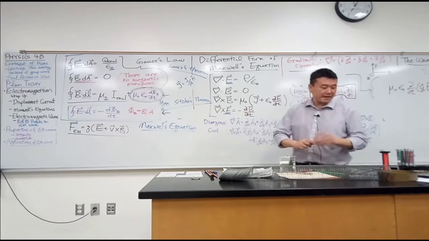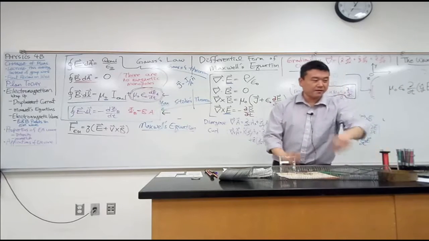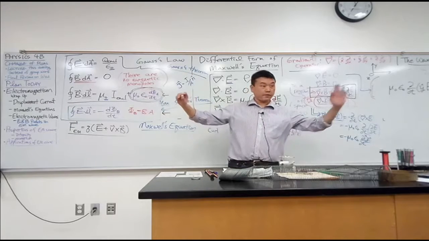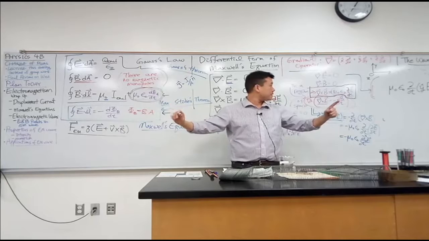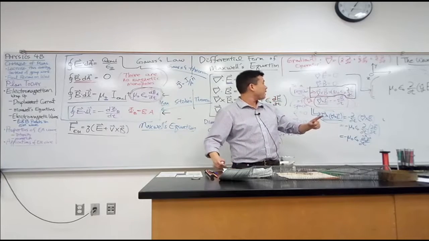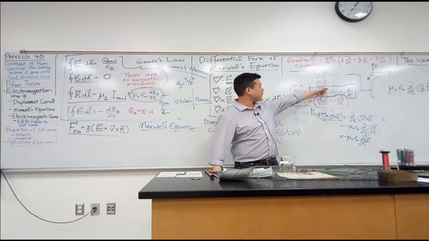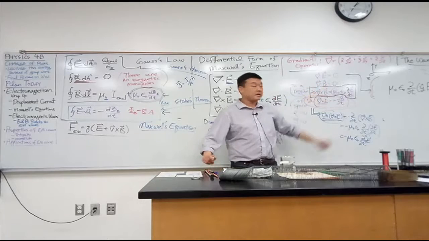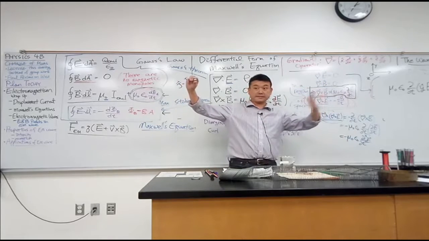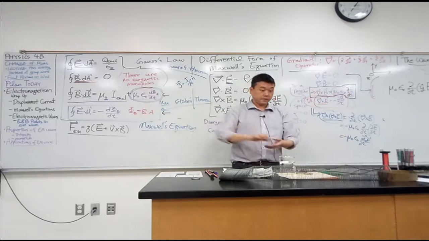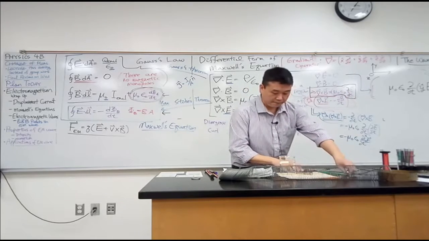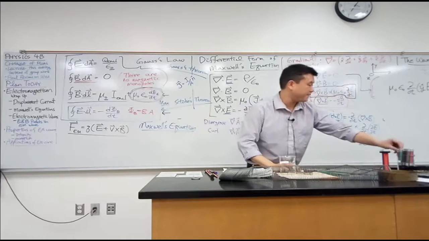So we are doing the same thing, right? We are looking at a charge that's oscillating very far away, so that here it looks like a plane wave, which means we can say that the magnetic field as well as the electric field is only going to be a function of x, not a function of y or z. Good? So I'm going through the same step that I did before.